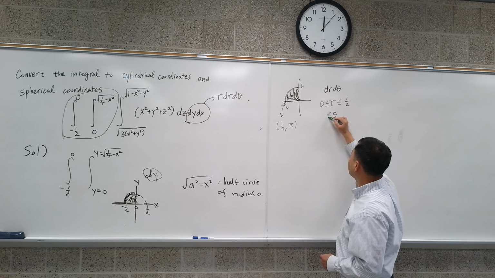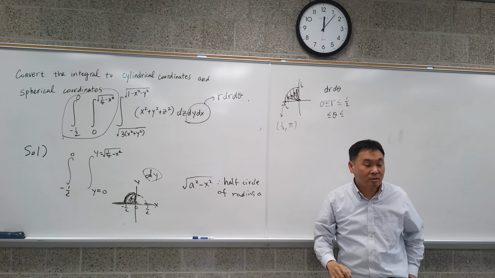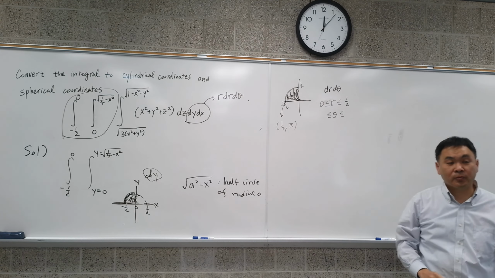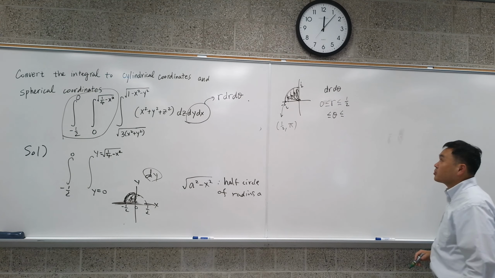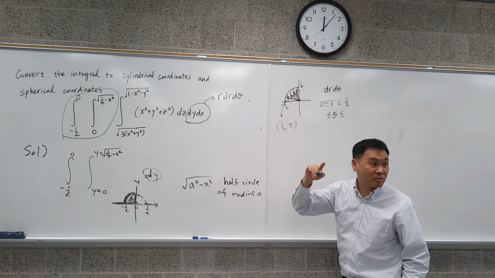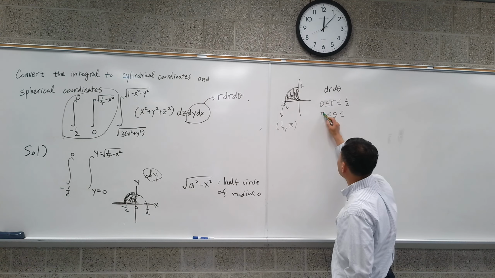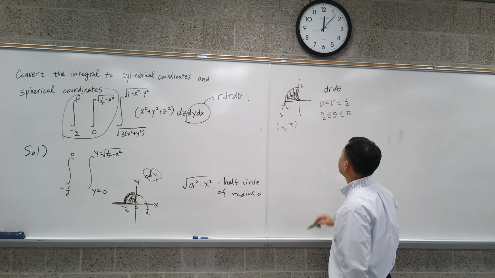What about theta? The angle is from 90 to 180. Yeah, and you have to change that to radians, right? So pi over 2 to pi. Okay, great.